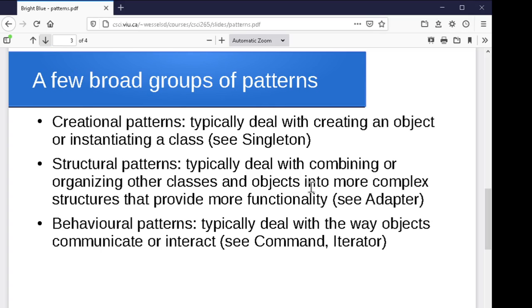There are a lot of groups of patterns and a lot of different specific patterns that you'll look at over the years. I'm just going to very quickly introduce a few at a superficial level here. There's the broad collection of creational patterns, where your problem is to create an object or instantiate something.